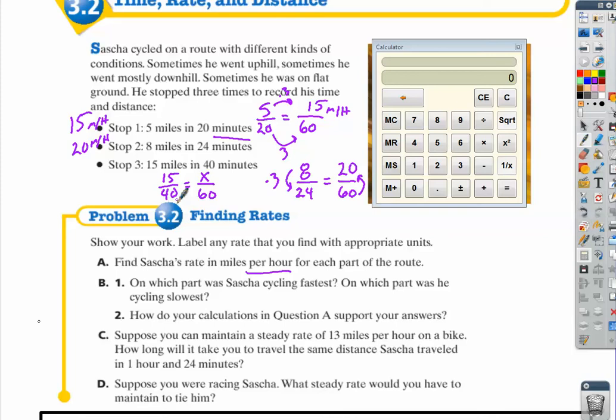I would multiply by 1.5, right? So my scale factor is 1.5. So I'd have to multiply this by 1.5, and I would get 22.5 miles per hour. So obviously the fastest section would be between stop 2 and stop 3.